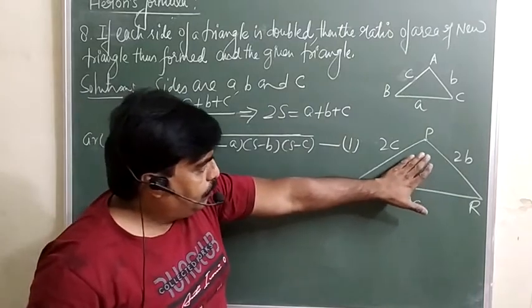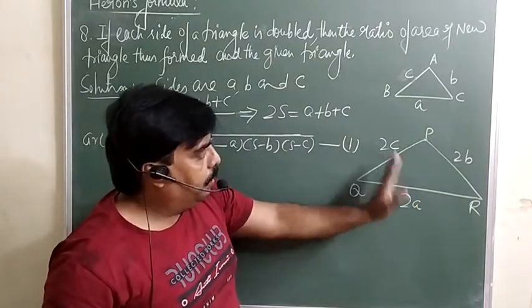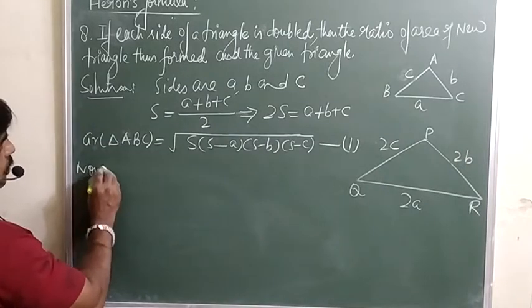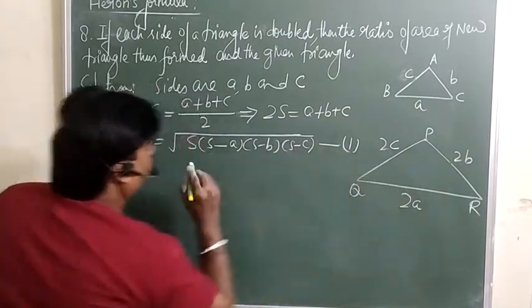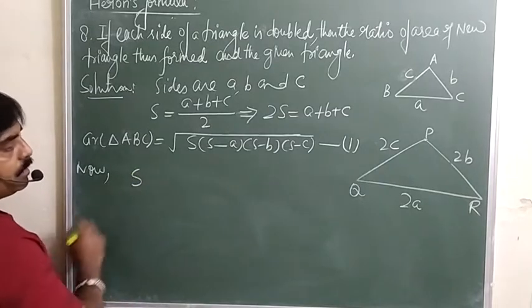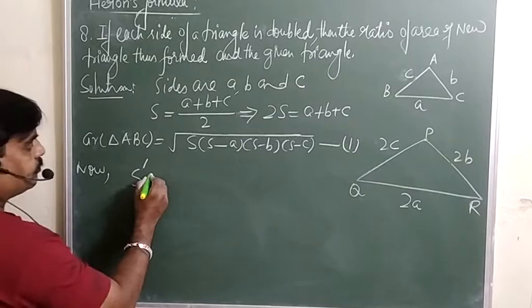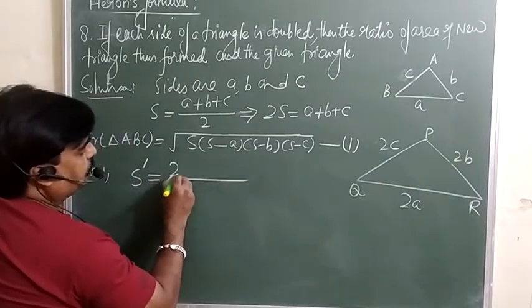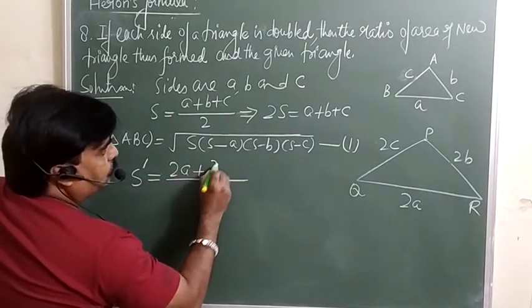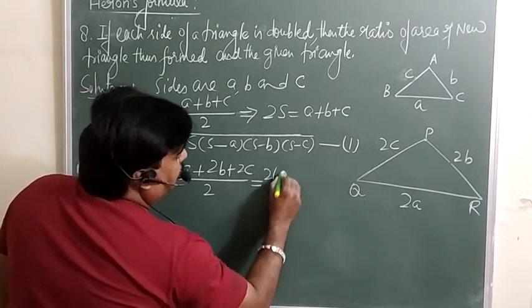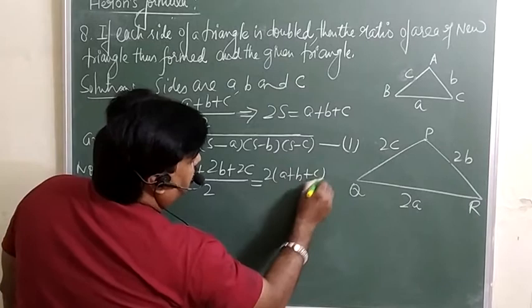Now, if the sides become double, what will the area be? Now the area of this one. So here the sides are 2A, 2B and 2C. You have to calculate the perimeter first. For convenience, you can take S dash. This will be equal to 2A plus 2B plus 2C over 2. Take out the common 2, so 2 times A plus B plus C over 2.